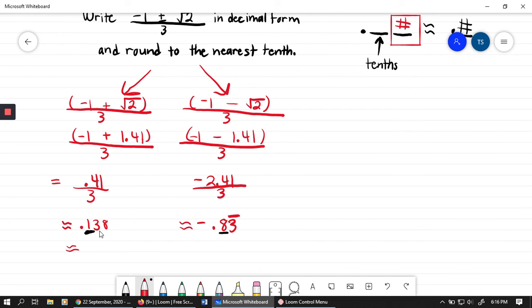If you were rounding up here, this would be 0.9. But when you're rounding down, you leave that number the same. So this would be the answer if we were rounding down to the nearest tenth place and writing it as a decimal.